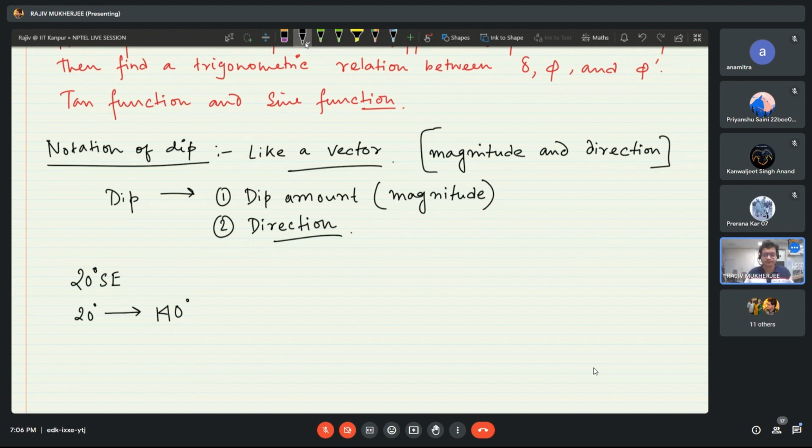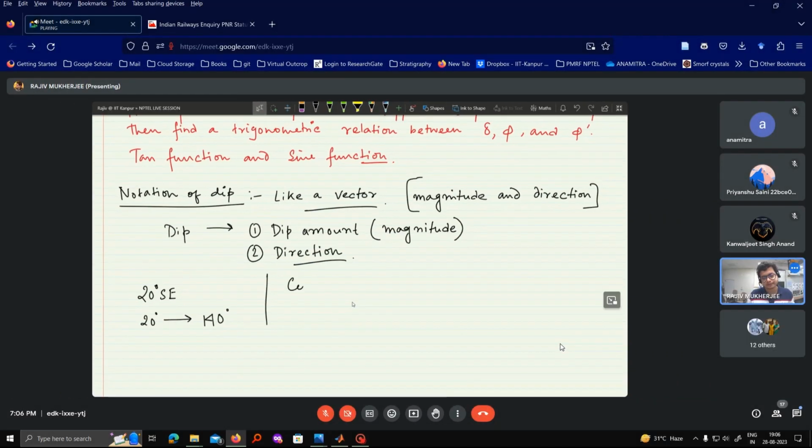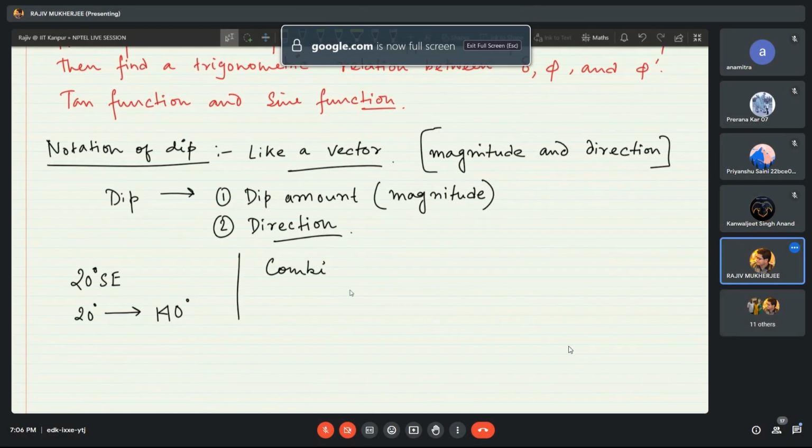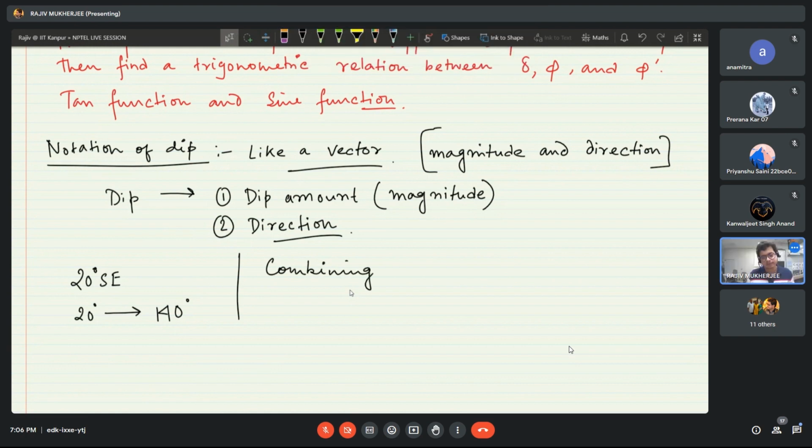Now together we have dip and strike, therefore we can have combined notations.